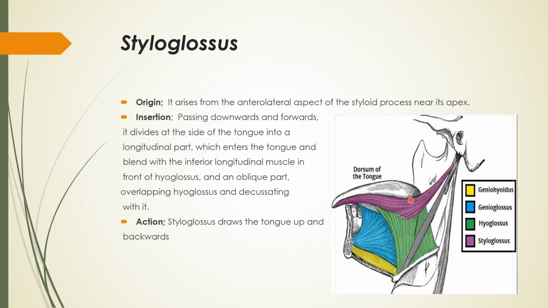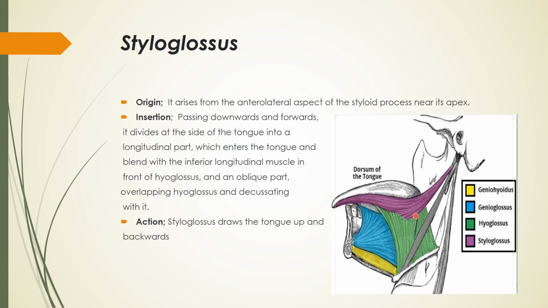When it reaches the side of the tongue, it divides into a longitudinal part, which enters the tongue and blends with the inferior longitudinal muscle, and an oblique part in front of hyoglossus, overlapping the hyoglossus and decussating with it. So this is the longitudinal part and this is the oblique part of the styloglossus.